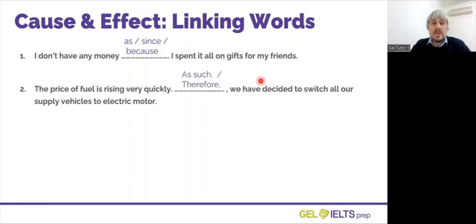In this sentence, we could use as such or therefore. We could also use as a result if we want to. These are adverb phrases beginning a new sentence and introducing the result of increasing fuel prices.